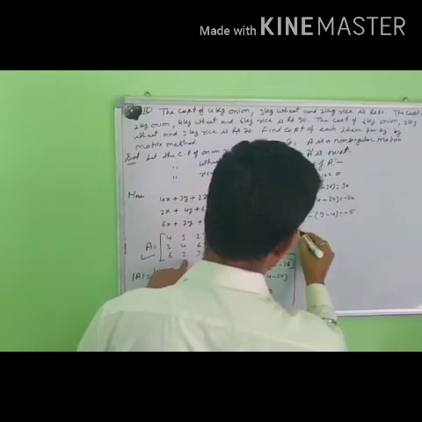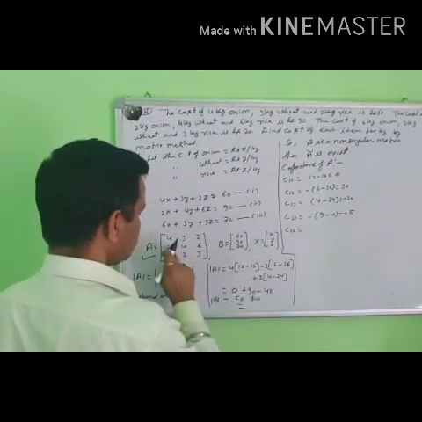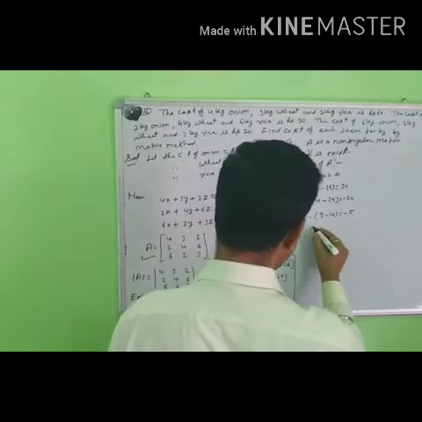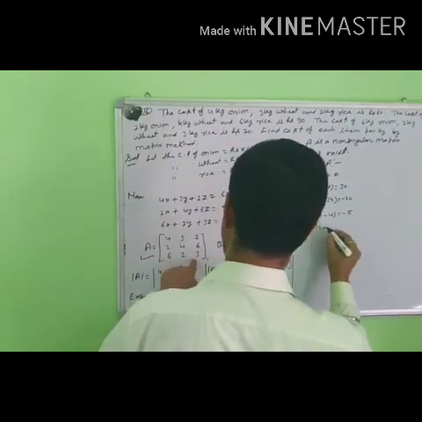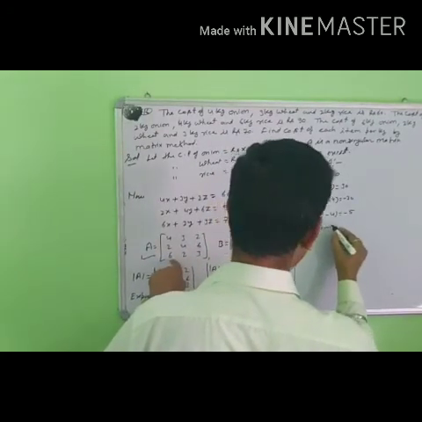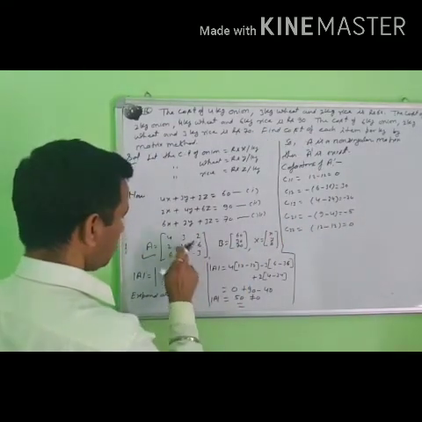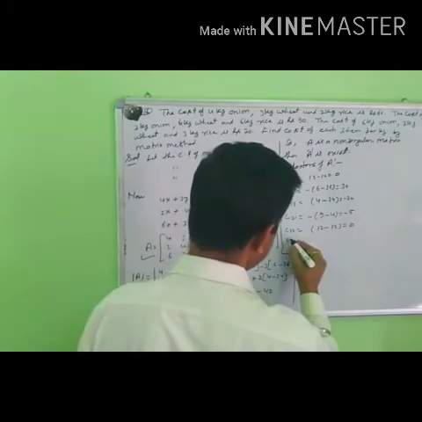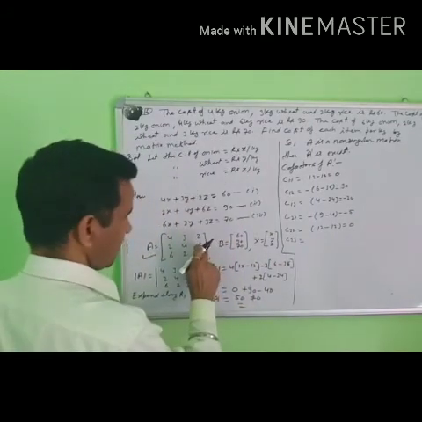Similarly C22, second row, second column will be hidden, and this will be a positive sign here. 4 3s are 12 minus 6 2s are 12. This will also come 0 here.